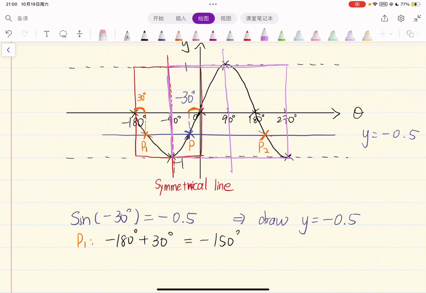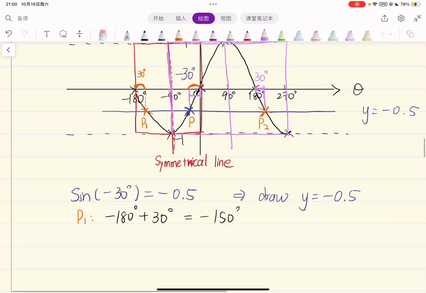Which means the distance between 0 and negative 30 is the same as the distance from theta of P2 to 180 degrees. This is also 30 degrees. The distances are the same.